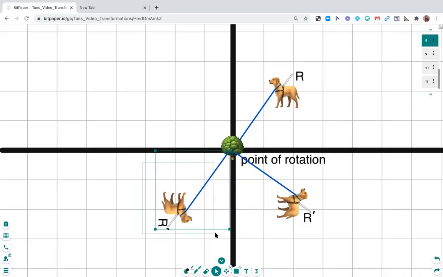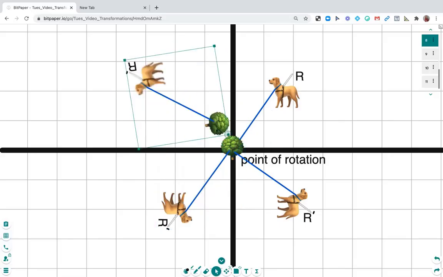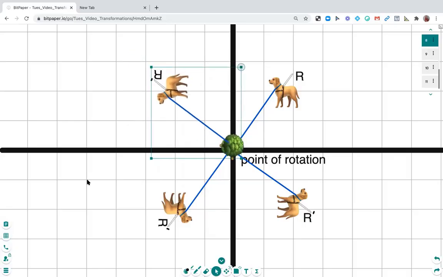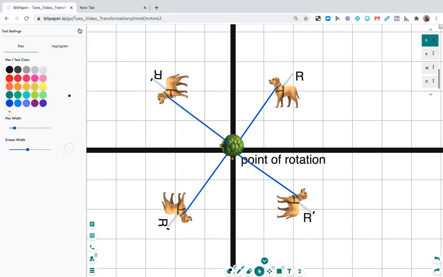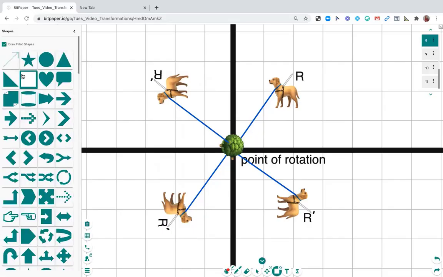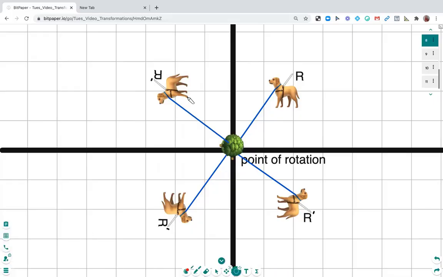And then again, that's going to be 90, 180. Oh, I took my tree with me. That's 270. And then all the way back around is 360 degrees, a full circle. So you can see again why it's called circle, or to rotate about a circle, because I went in a full circle here.